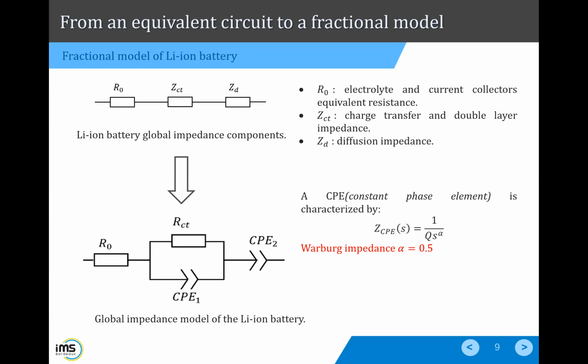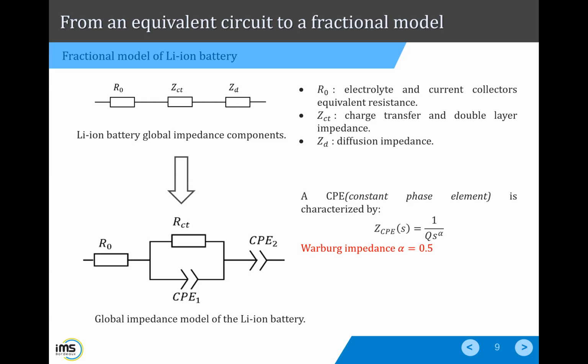To model the different phenomena in a better way, we choose to use two CPEs. One CPE in parallel with a resistance characterizes the charge transfer and double layer, and another CPE characterizes the diffusion. The CPE is an electrochemical component, which means a constant phase element, and it is characterized by the formula shown here.